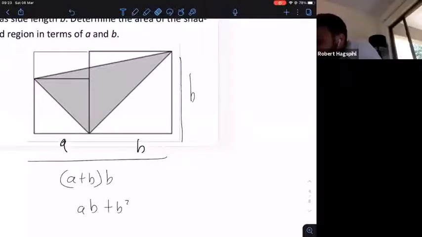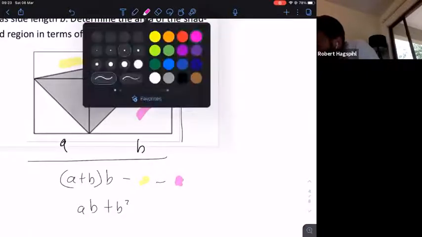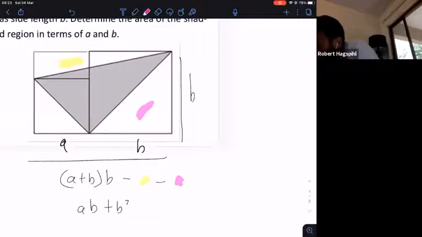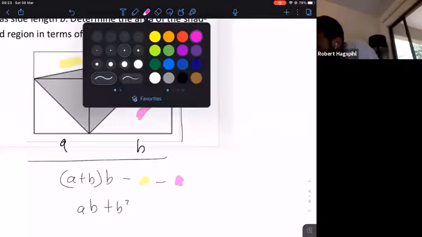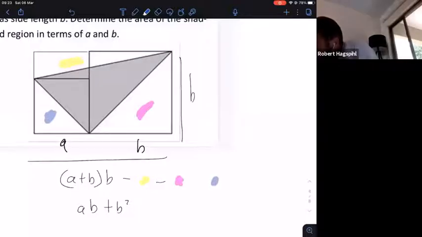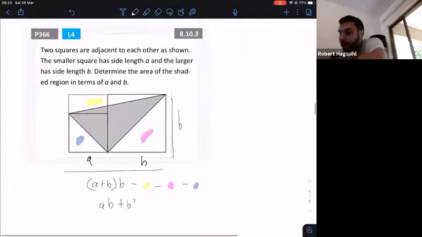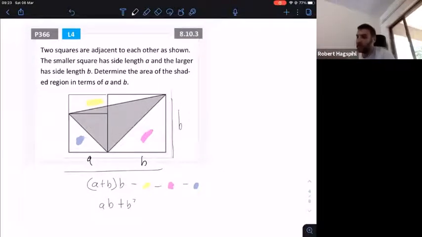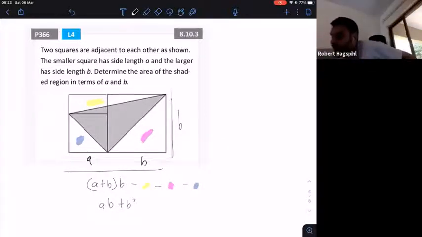Now I'm going to subtract the yellow area, the pink area, and the blue area, and that's going to give me the shaded area. Everybody happy? Makes sense. So the whole rectangle minus yellow, minus pink, minus blue gives me the area of the shaded region.